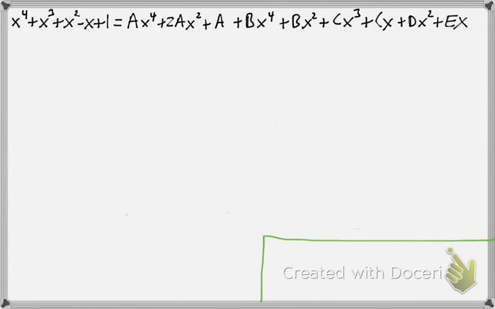So a lot of terms. I want to group the x to the 4th terms, the x cubed terms, the x squared terms, the x terms, and the constants.